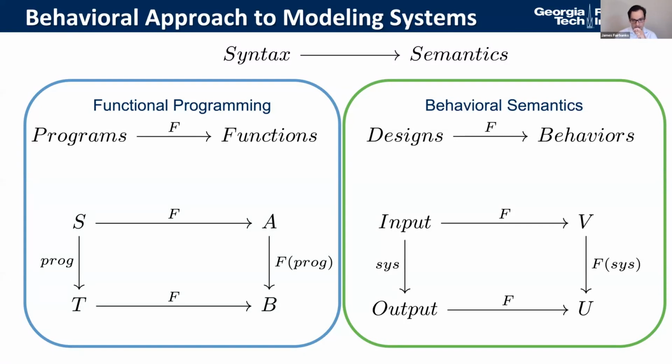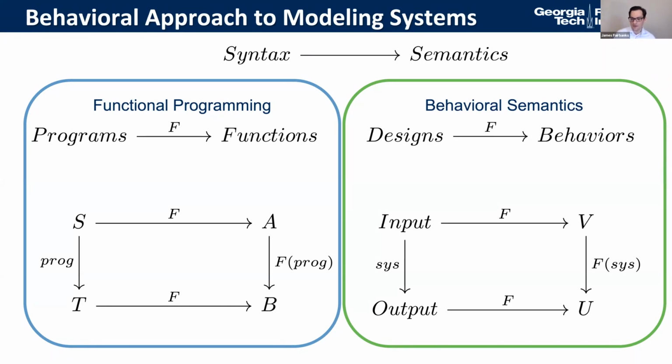And then in behavioral semantics, we have a similar setup, but now the category is of designs and behaviors. So a design for a system is a relationship between inputs and outputs. So those are morphisms in, say, a hypergraph category.